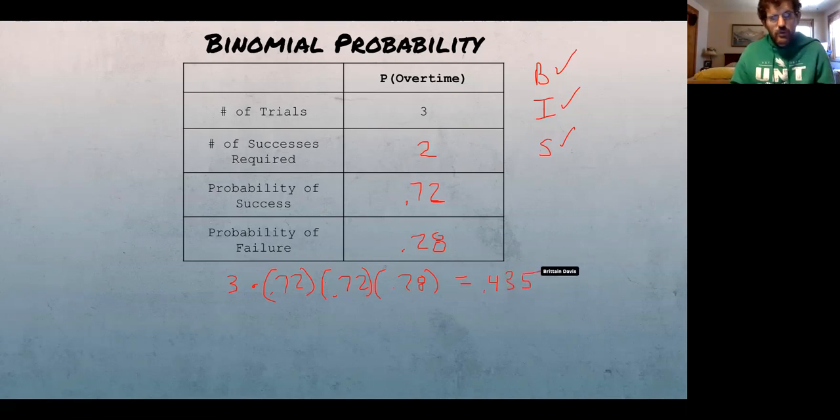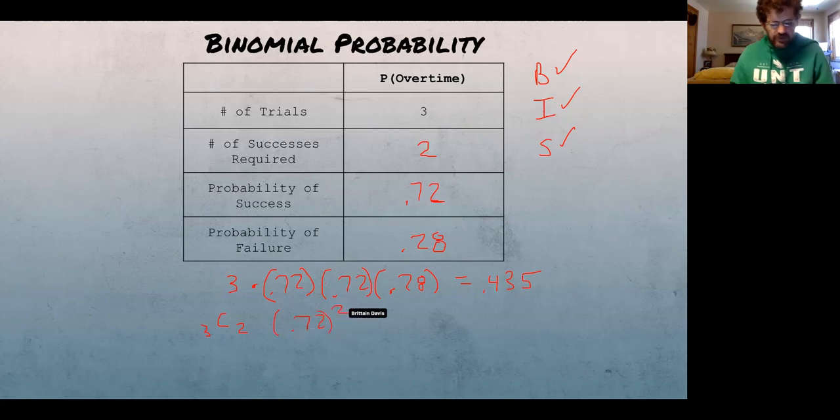So what we're going to do is turn this into a formula. And this 3, we just spent time talking about, that's really 3 choose 2. When you have 3 choose 2, it ends with this number 3. All right, but really it was 3 choose 2. And this next one, we can see it says 0.72 raised to the power of 2.